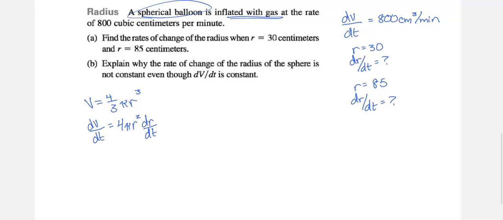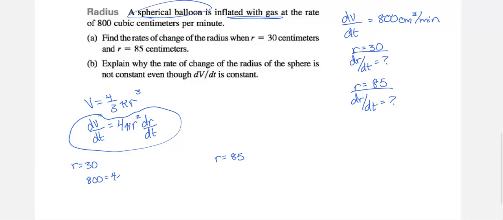So let's look at what's happening when the radius is 30, and then we'll do it again when the radius is 85. Do you think that change in the radius is going to be different at those moments in time? It is going to be different. So let's substitute everything we know into our formula. 800 is the change in the volume over time.